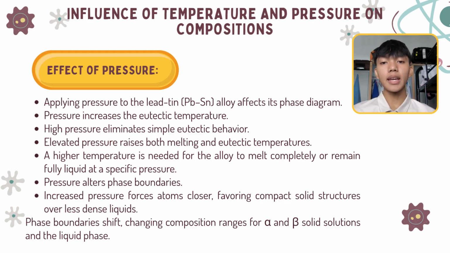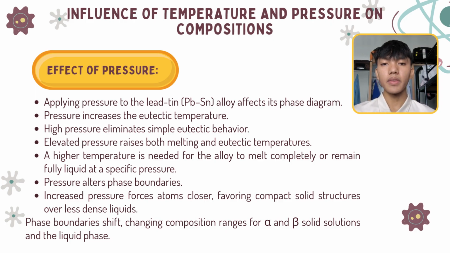However, at very high pressure, noticeable changes occur in the phase diagram, including an increase in the melting temperature of lead-rich and tin-rich alloys, as well as a rise in the eutectic temperature. This happens because increased pressure favors the formation of solid phases, which are generally more compact and have lower specific volume compared to the liquid phase.